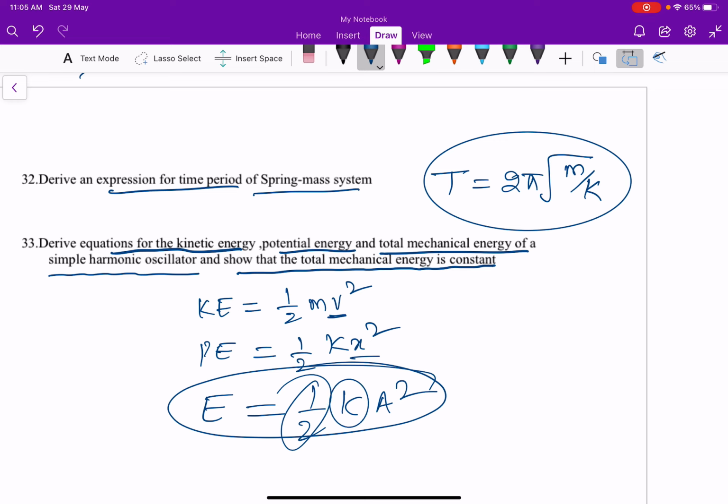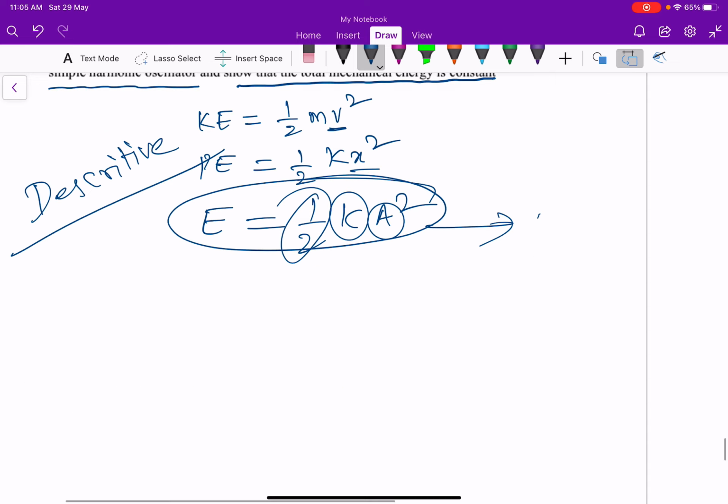Half is constant, k is constant, a is also constant. For constant amplitude, total energy is also constant. So this is also descriptive part. Go through the video lecture and write the answer here.